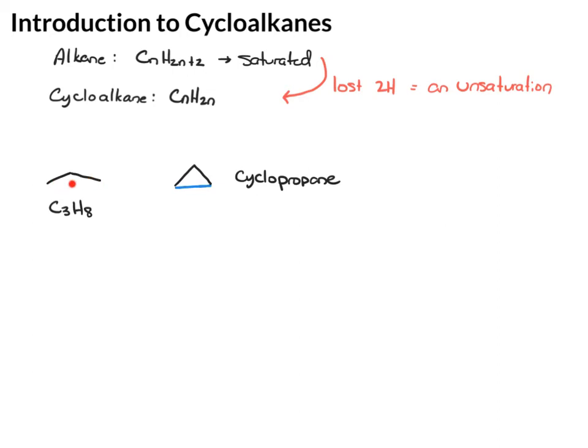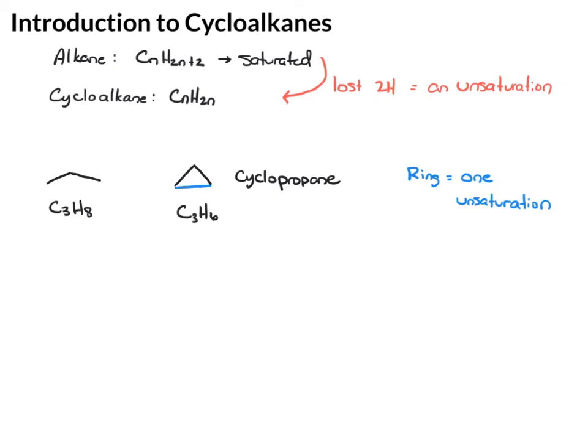So if you want to form a bond between these 2 carbons, each of those is going to have 1 fewer hydrogen. So this goes from a CH3 to a CH2 in the cyclic counterpart. So we've lost those 2 hydrogens from the formula, and cyclopropane is C3H6. So what we found is that a ring is an unsaturation.